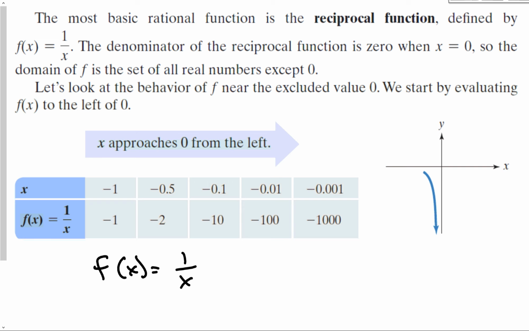So you can see that as my numbers are getting smaller and smaller, these numbers are getting larger and larger in size, and in fact, a lot larger. And you can see that we are approaching 0 from the left, starting over here and going closer and closer to 0.